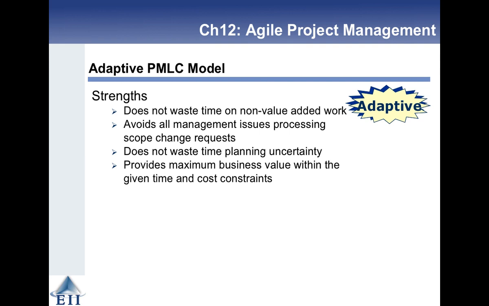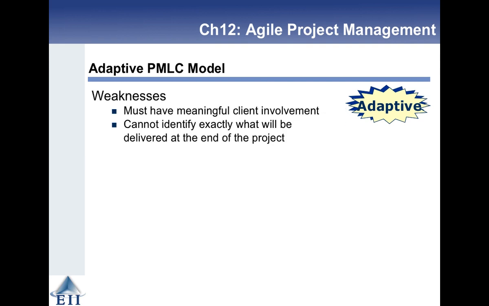It avoids management issues processing scope change requests. We don't waste time planning, it handles uncertainty, and it generally provides maximum business value for the given time and cost constraints. You really must have meaningful client involvement with this, and you have no idea what's going to be delivered at the end of the project.